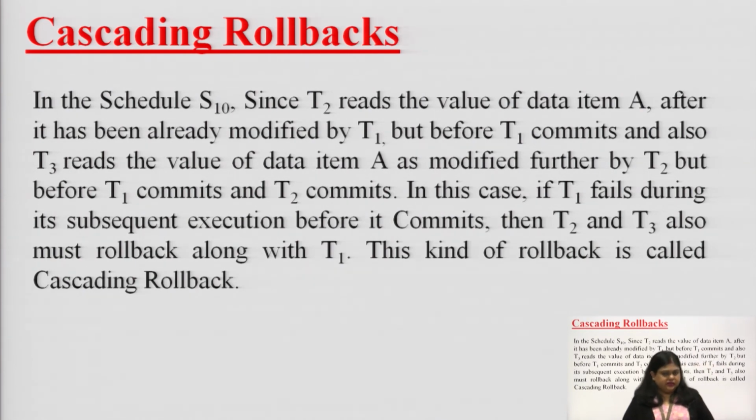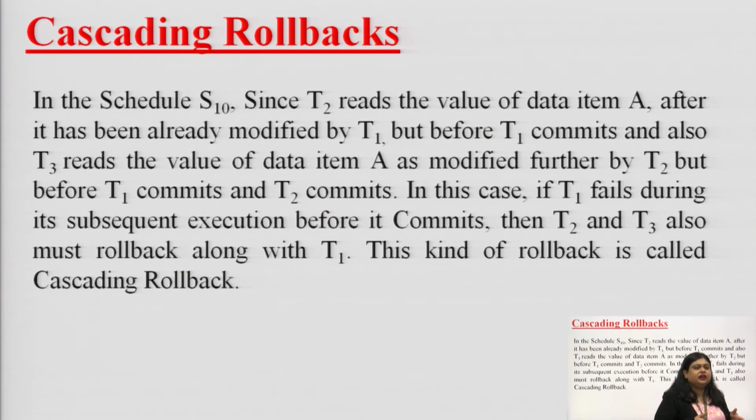In the schedule S10, which is the previous schedule that we saw, T2 reads the value of data item A after it has been modified by T1, but before T1 commits, and T3 also reads the value of data item A as modified further by T2.